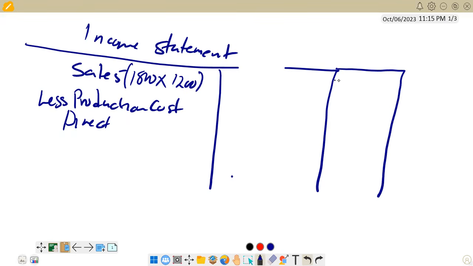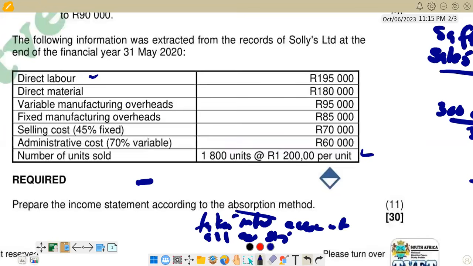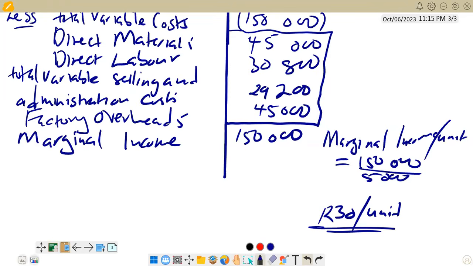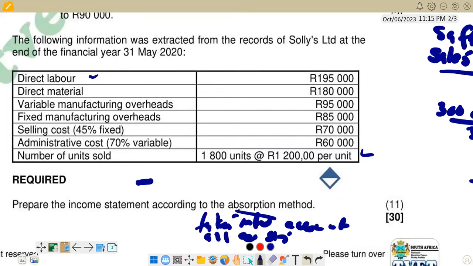So that 2,160,000, we put it in this column. Then we have got production cost. Then we have got direct labor, which is here. We said 195. Then direct material is 108 again.